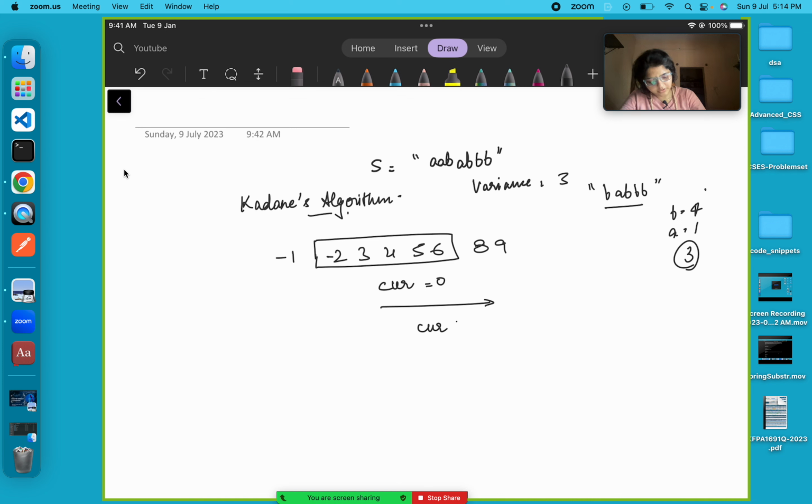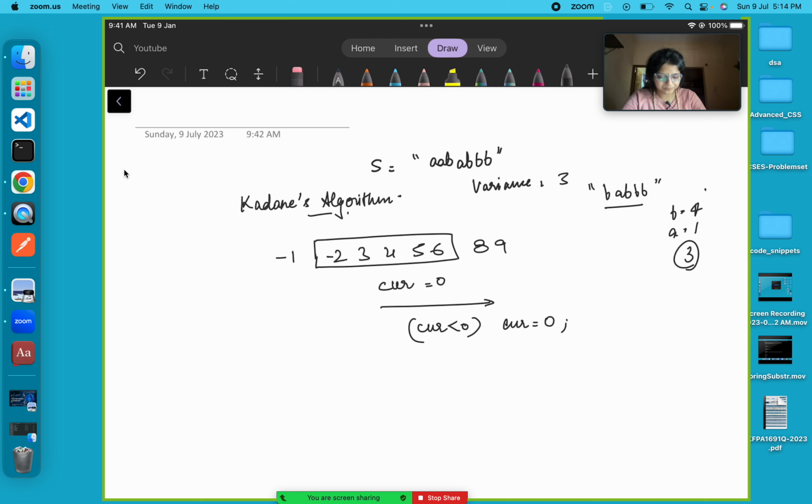When the current becomes negative, there is no need to continue that subarray, because it will give you a negative sum. Then you can update your current to 0 and update your global answer. So this was Kadane's algorithm, and in this question you will use an advanced Kadane algorithm.